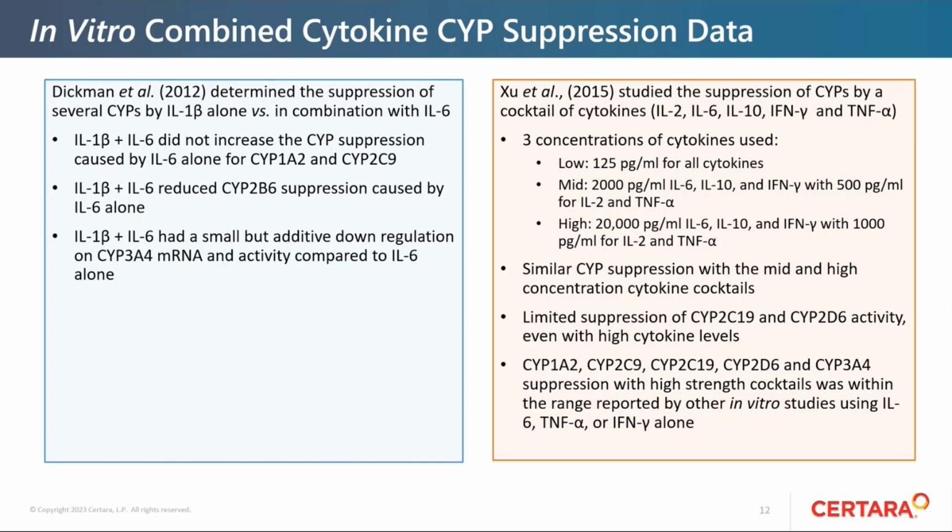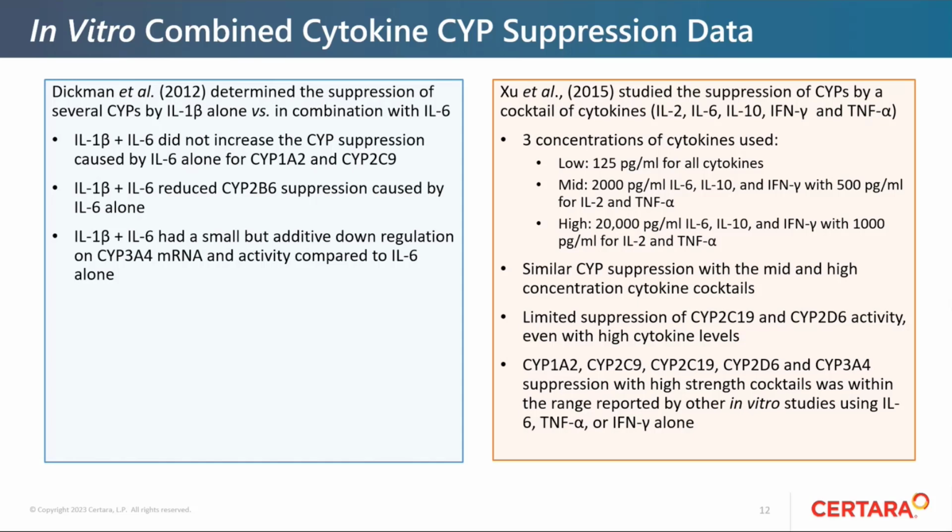On the left here, we have Dickmann et al., where they used cryopreserved and fresh human hepatocytes to determine the suppression of several CYPs by IL-1 beta alone or in combination with IL-6 over a range of physiologically relevant concentrations.